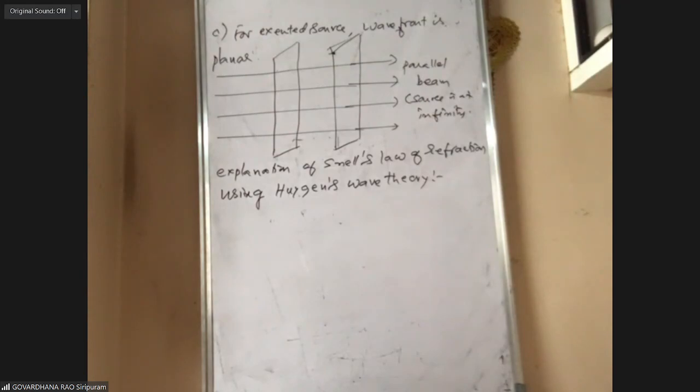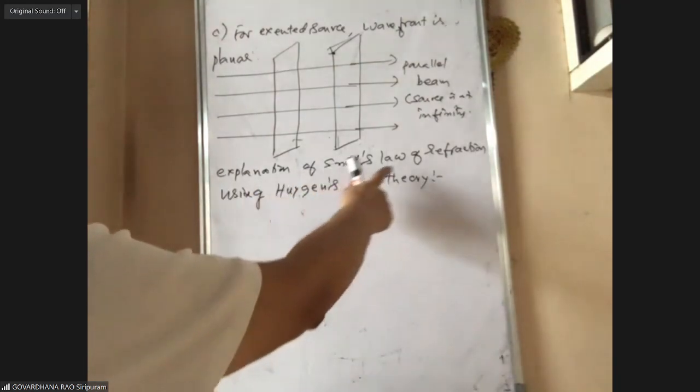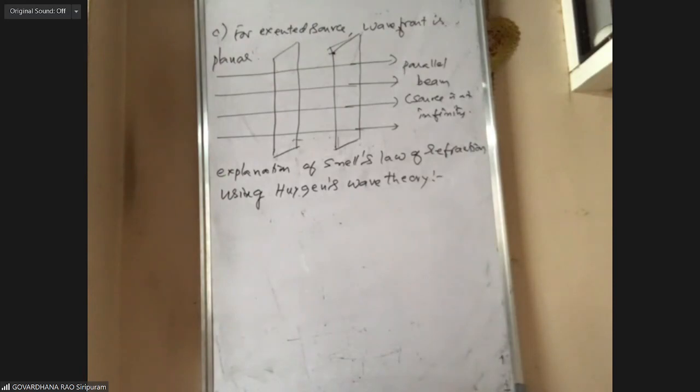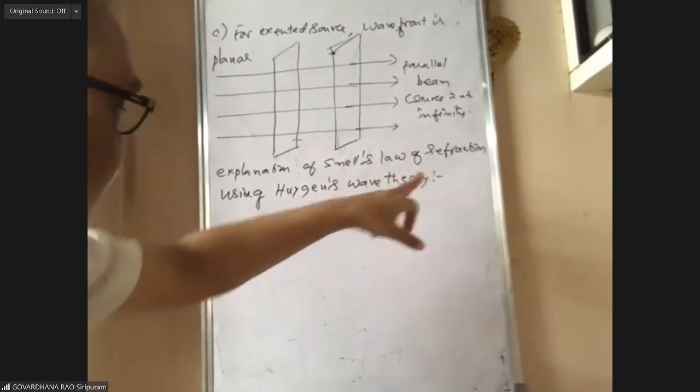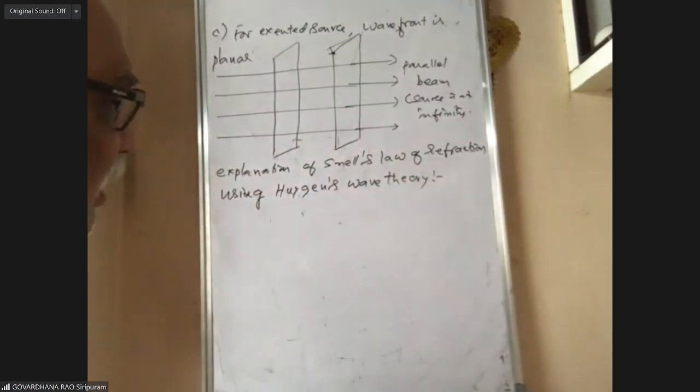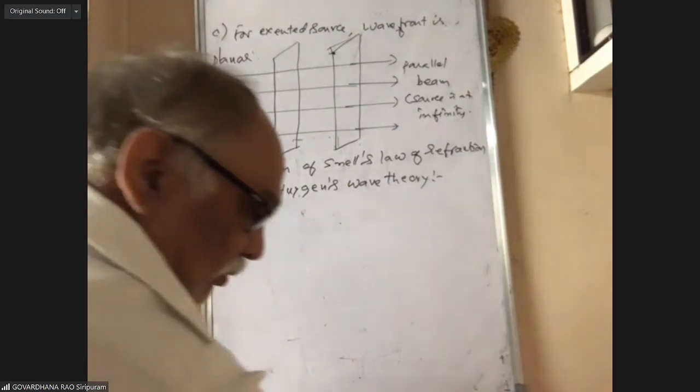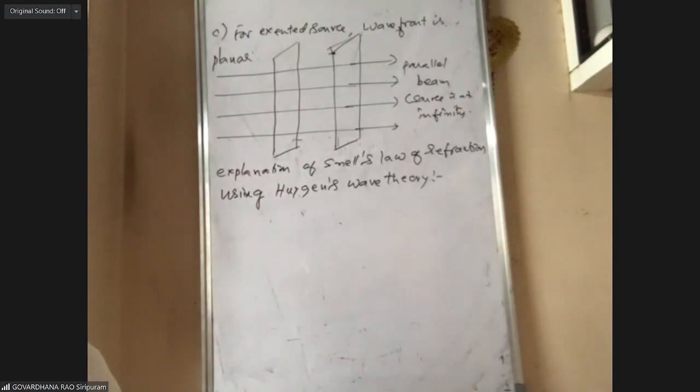Now we are going to explain Snell's law of refraction. You know, sin i by sin r equal to mu, correct? So that Snell's law of refraction we are explaining using what? Huygens wave theory. Okay?